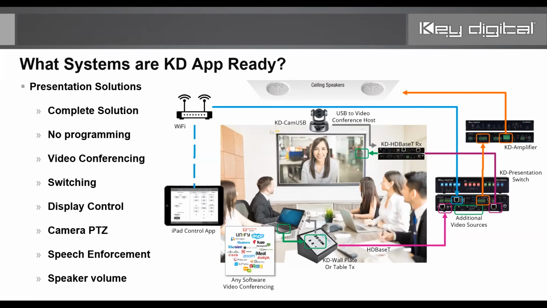So that's another example of being able to offer all of our solutions. And for a while, we didn't have a USB camera, so now we can compete. And even, it's not included in this particular picture, but our BYOD device. So now we have, as Key Digital, a complete control system, conference room in a box.